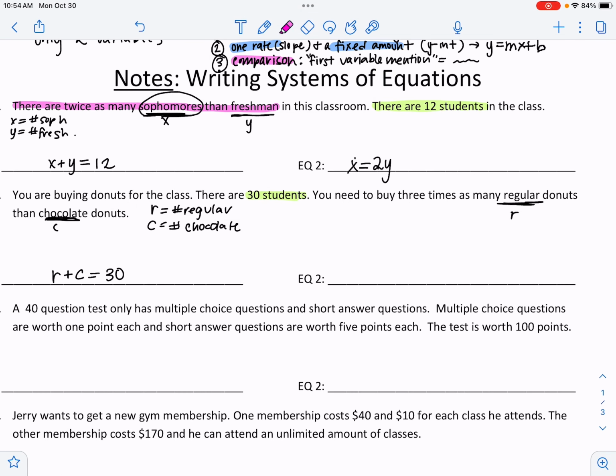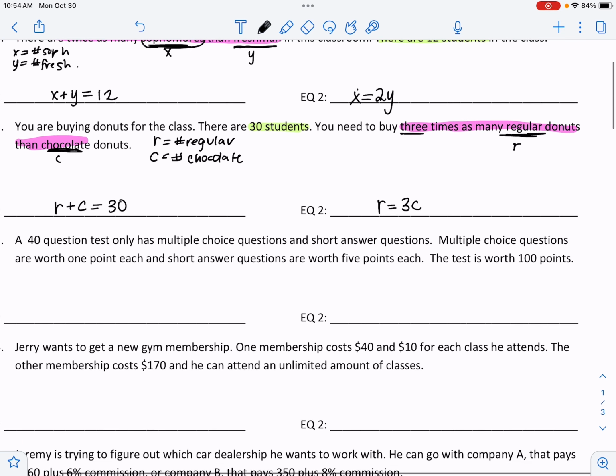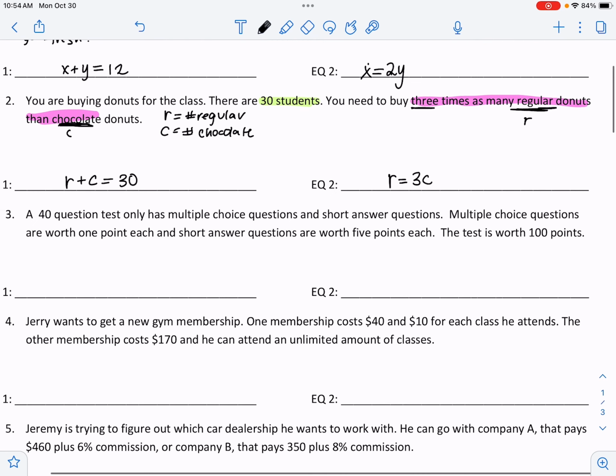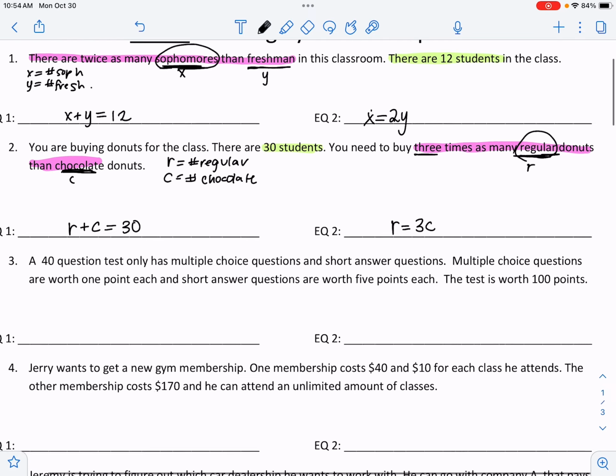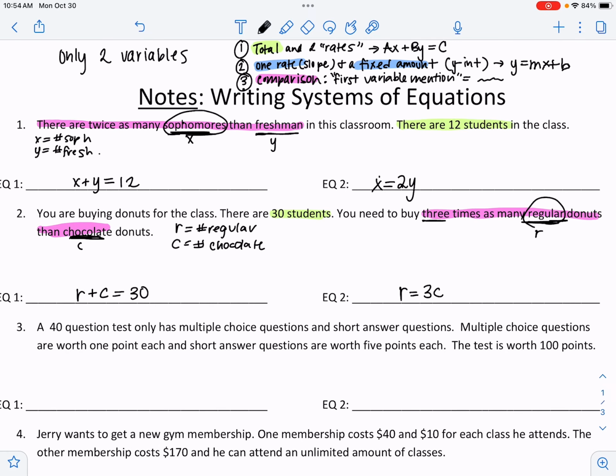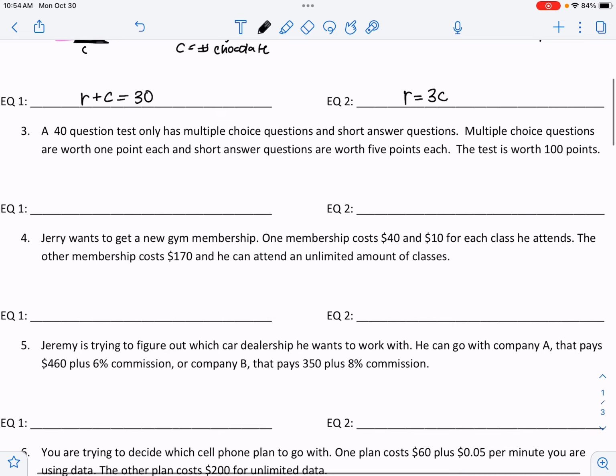It says you need to buy 3 times as many regular than chocolate. Regular comes first in that sentence, so it's automatically R equals, and the comparison says 3 times. C equals 3R is going to be an option, but R equals 3C is what we want. Regular comes first in the sentence, just like sophomores came first in the first one.